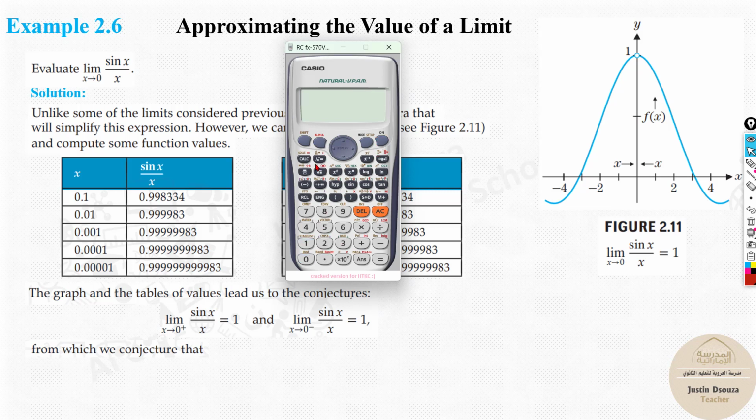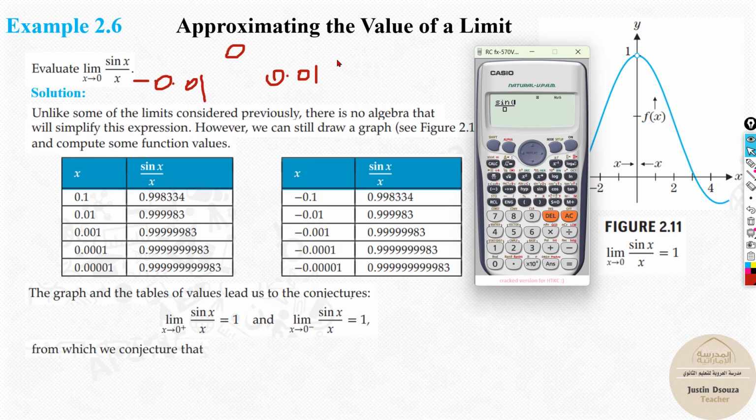Okay, there is one more method. I hope this is not confusing, because some students get confused in this method. So I just type in the values. I write 0, negative 0.001 and positive 0.01, and 0.1. So these are the values, right?